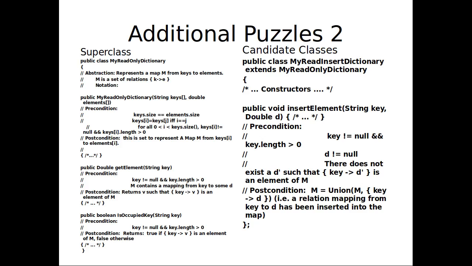Here, this is a subclass, in other words, a subtype of it. Subtyping comes along with subclassing, because in Java, anything that's a subclass you could pass around as if it's an instance of a superclass. Okay, so this is a public class my read insert dictionary. And that extends this one, gets all good reuse of that code, but it allows you to insert an element into the dictionary after the fact. Does this adhere to the Liskov substitution principle?